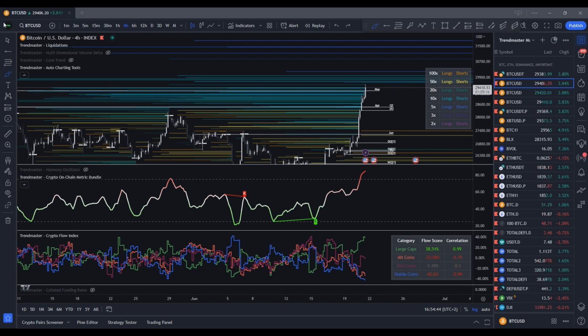I mean, that's probably what we're looking at. I'm looking for a little bit of retracement to go back down. Where are the dates? There we go.